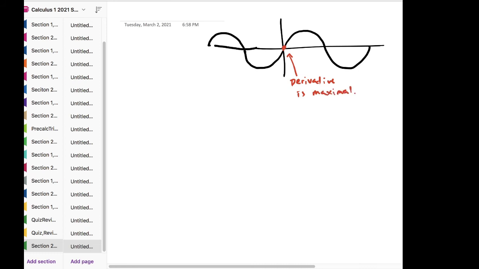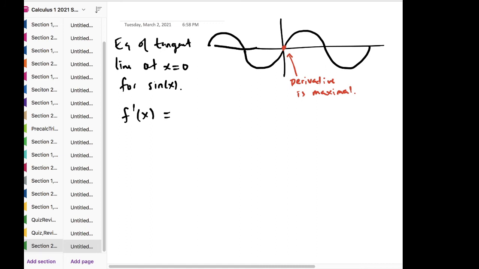So let's find the equation of the tangent line. Okay, what's the derivative of sine?